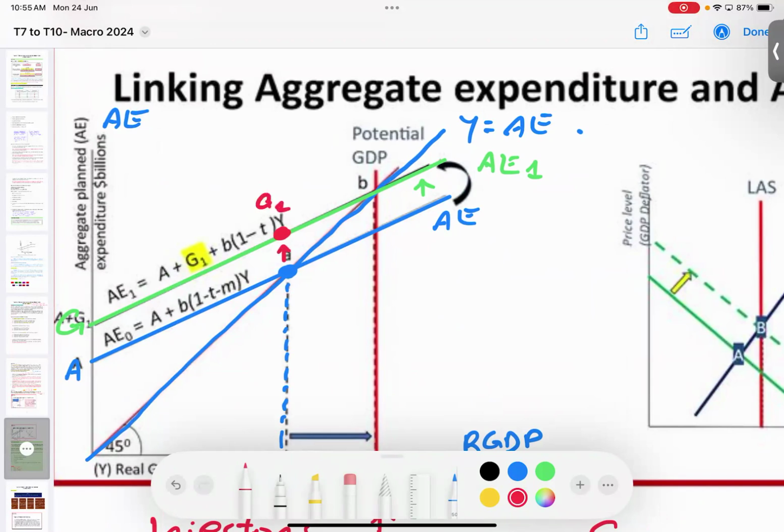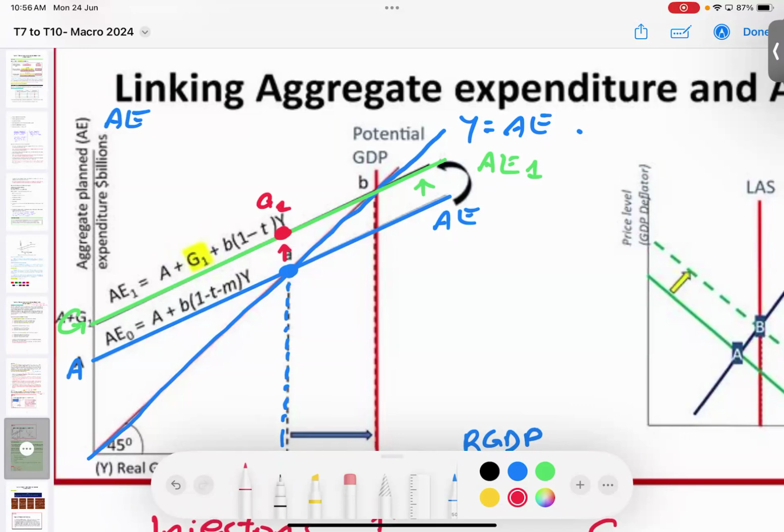Now there's a shortage, because A1 is producing way beyond the output.